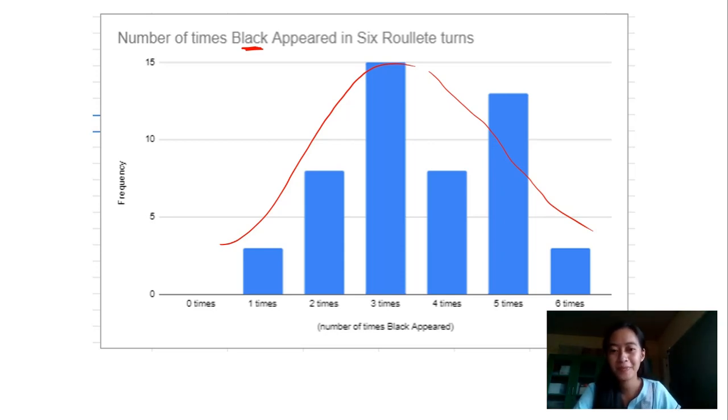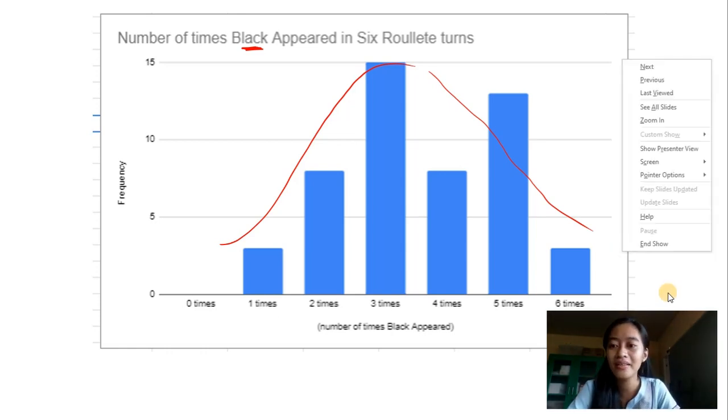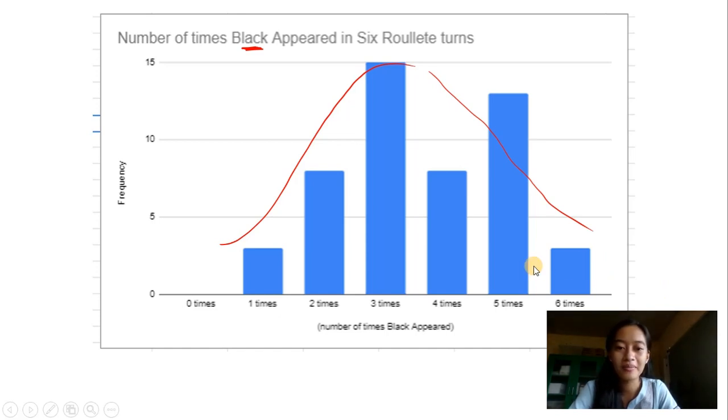So even if we had just a short time, we were able to create this graph in Google spreadsheets. Yes, and looking at this one, you see that 3 times black has appeared is the highest one, and the values seem to form this shape.